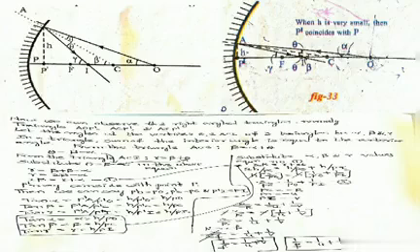In the first figure, P to O is the object distance, denoted by u. P to I is the image distance, denoted by v. P to C is the radius of curvature, R. P to F is the focal length.